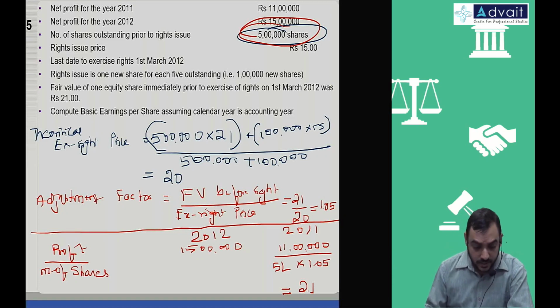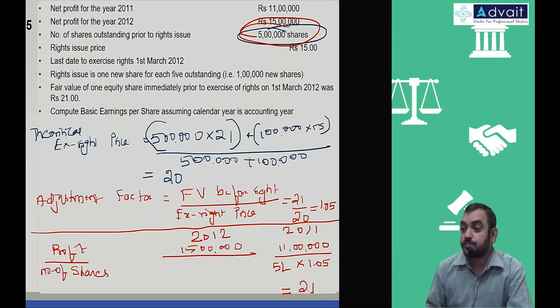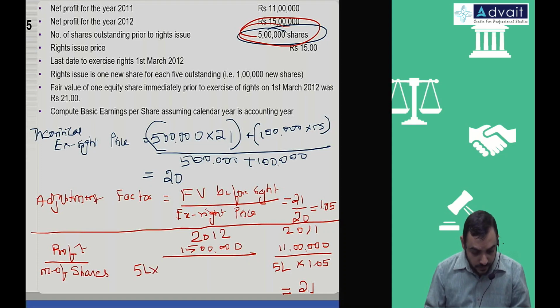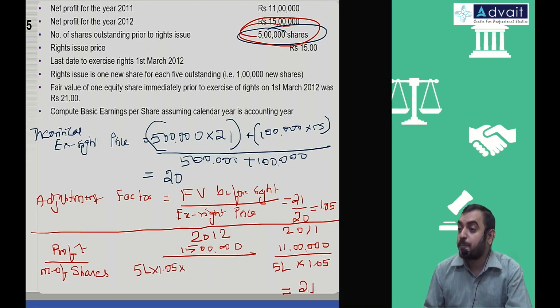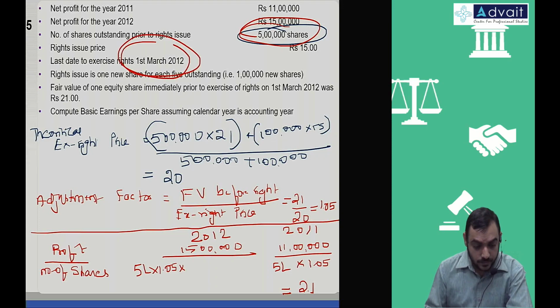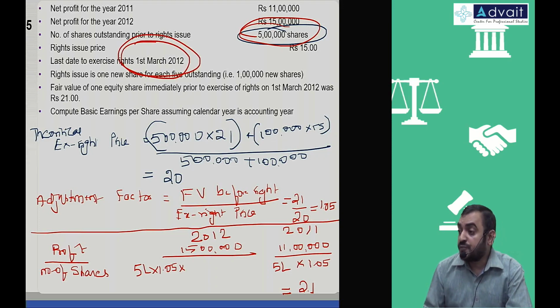Current year, how do you do it? You take 5 lakh into 1.05, but only up to the date of issue of rights. That means for how many months? Only till March 1st. This is a calendar year, so you start from January and February.